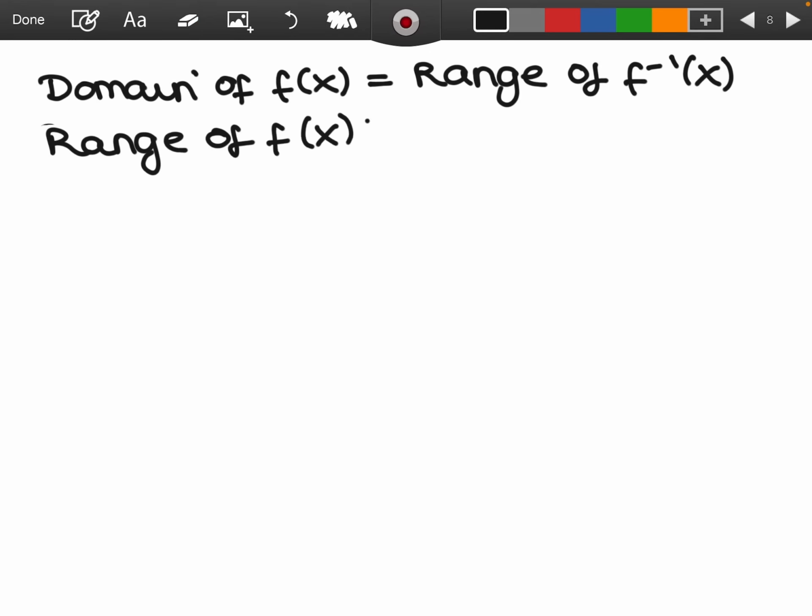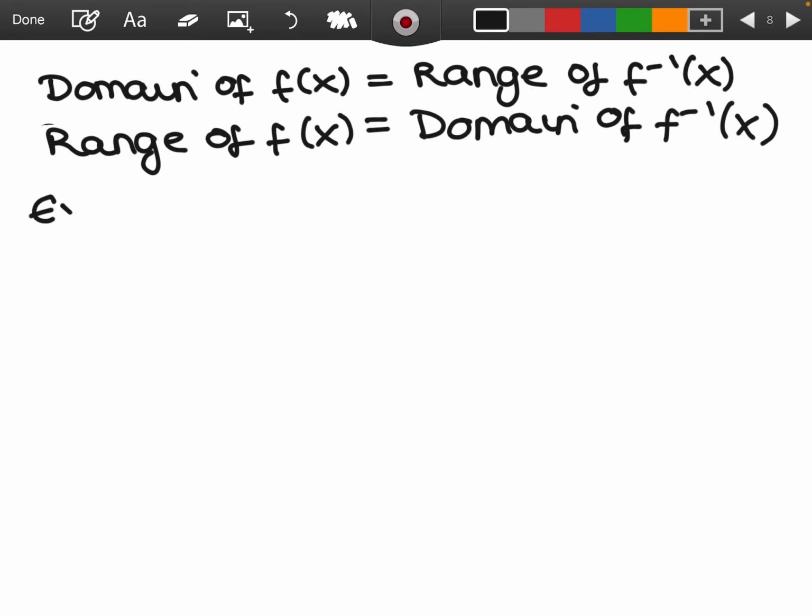Okay. This is because we said that if you've got a particular point on f of x, you just switch the x and y coordinates, therefore you're switching the domain and range when you do this.